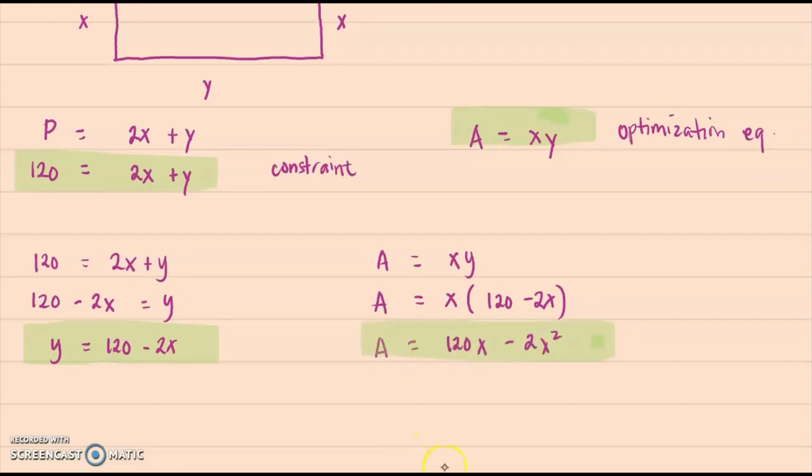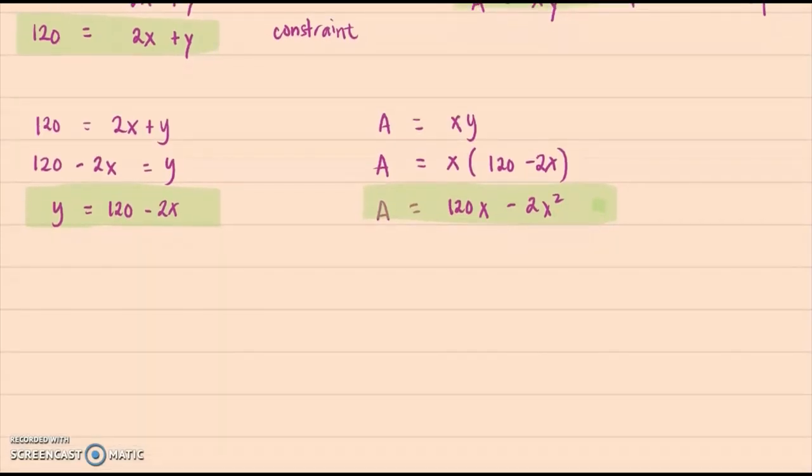If you are confused with the steps, you may go back to the first example, because I have written there the step-by-step procedure on how to answer this kind of problem. Now, continuing, we will find the first derivative of A. We write A prime so we will not be confused.